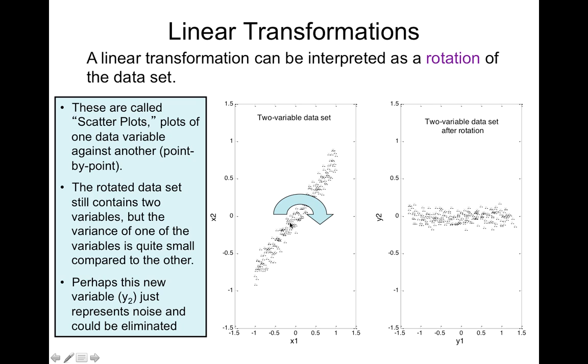In this particular example, the data plot like this. Basically, what a linear transformation does is it takes this data set and rotates it. Between the first graph, x1 versus x2, and the second graph, y1 versus y2, we've done a rotation of the data set.